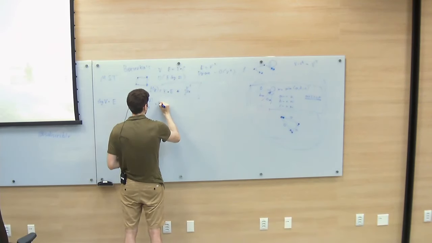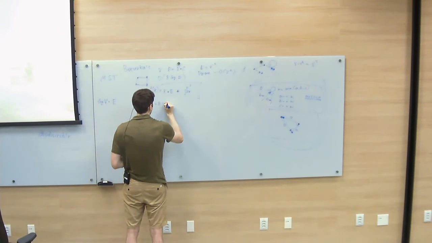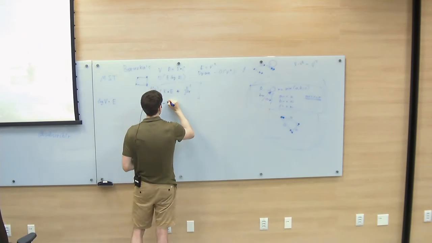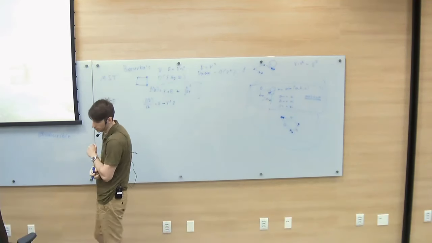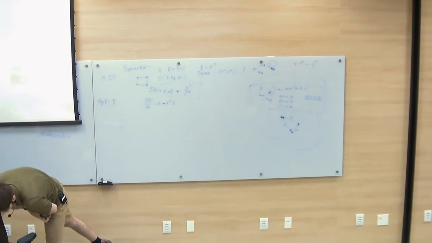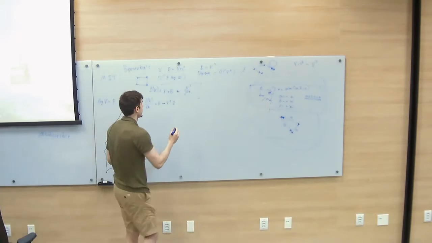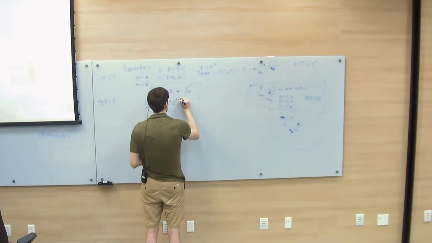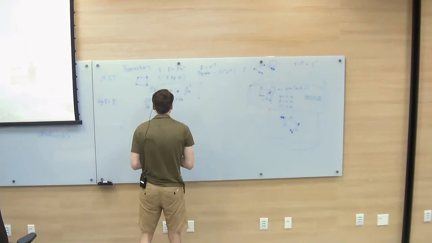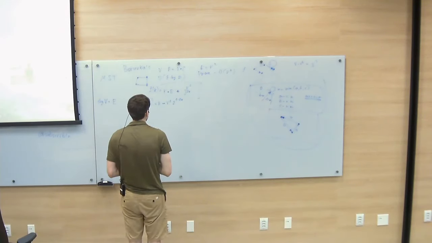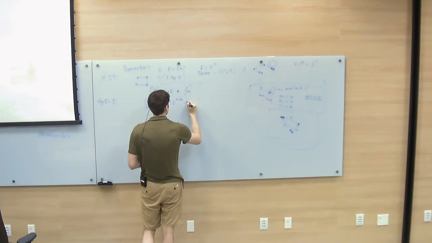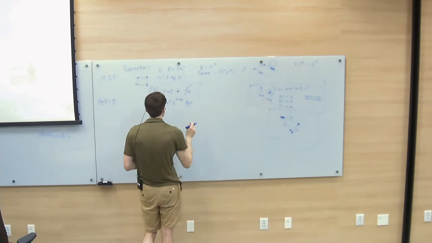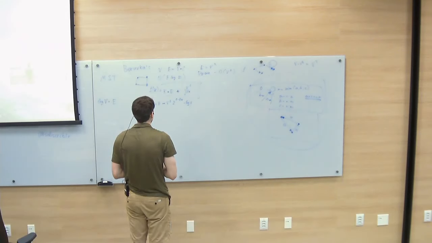It will be something like E minus V squared over 2 to the power k. This doesn't matter in the asymptotics.